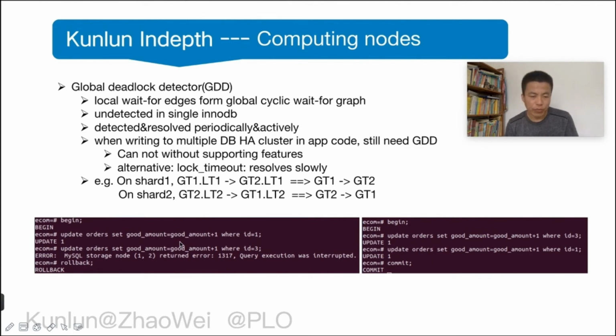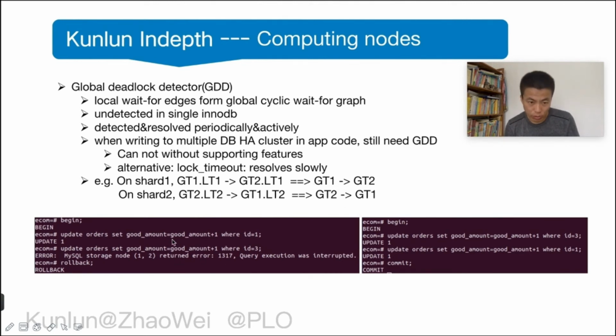This is an example. First, on shard 1, we have GT1 waiting for GT2's LT1. That means GT1 is waiting for GT2 in shard 1. On shard 2, we have GT2 waiting for GT1, and this forms a cycle. So this is a global deadlock.